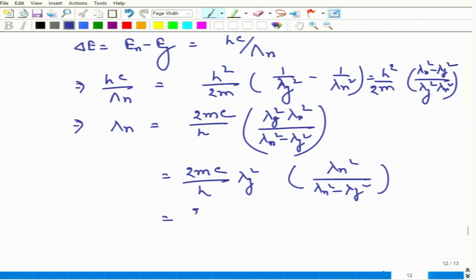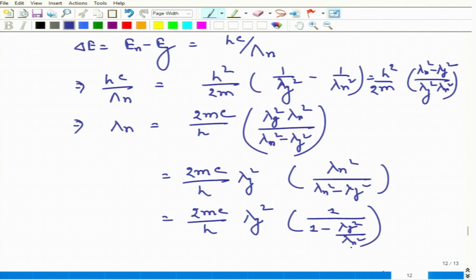So we can write it as 2mc divided by h lambda g square. If you divide it, it will be 1 divided by 1 minus lambda g square divided by lambda n square, so we can write it just inverse.